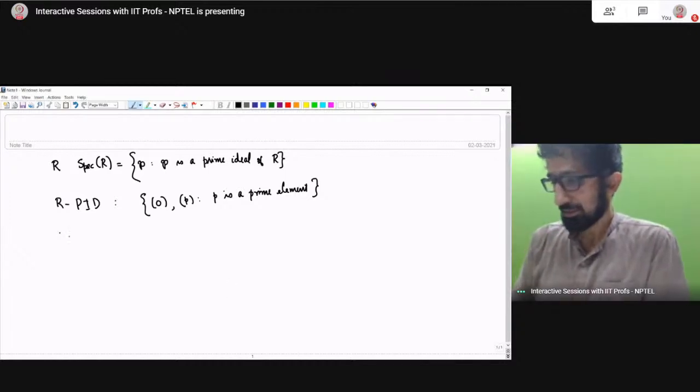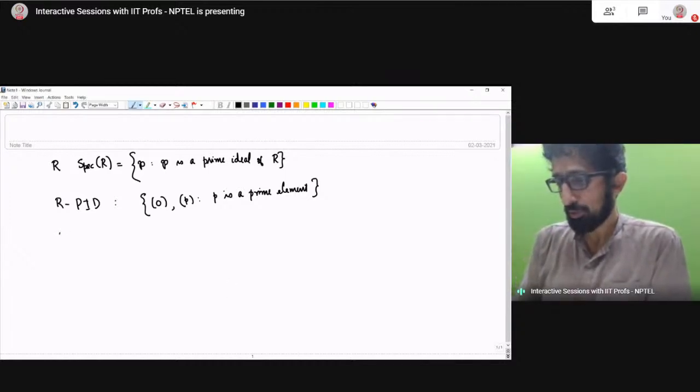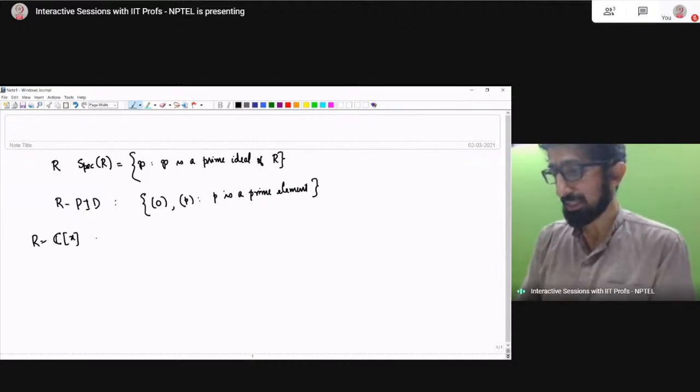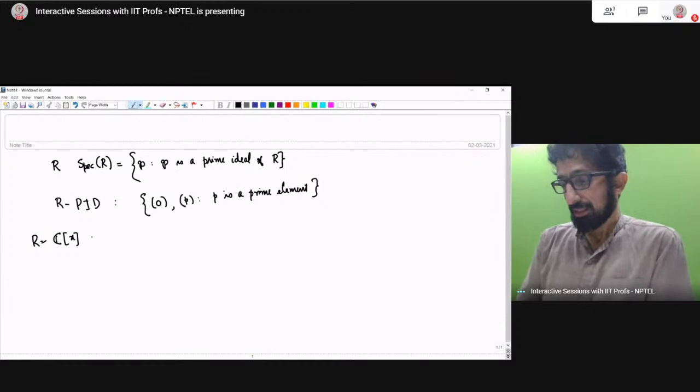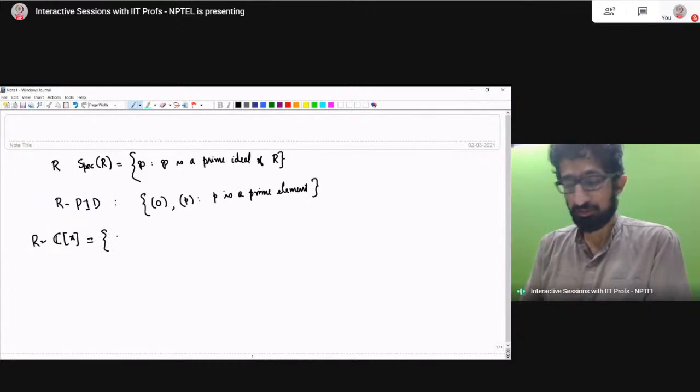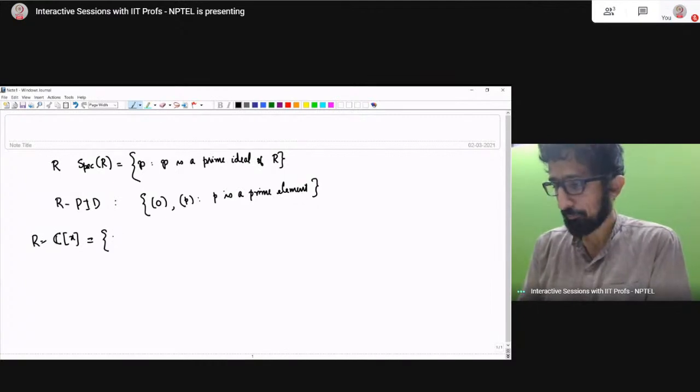Yeah, let's look at one important example. R equal to C[x]. So in this one, we know exactly what the prime elements of C[x] are. Prime is the same as irreducible. What are the irreducible elements of C[x]?